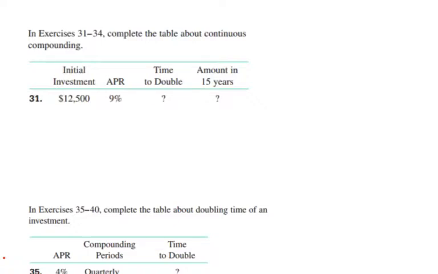So we're going to complete the table in this next one about continuous compounding. Continuous compounding is going to be our formula of P e to the rt.